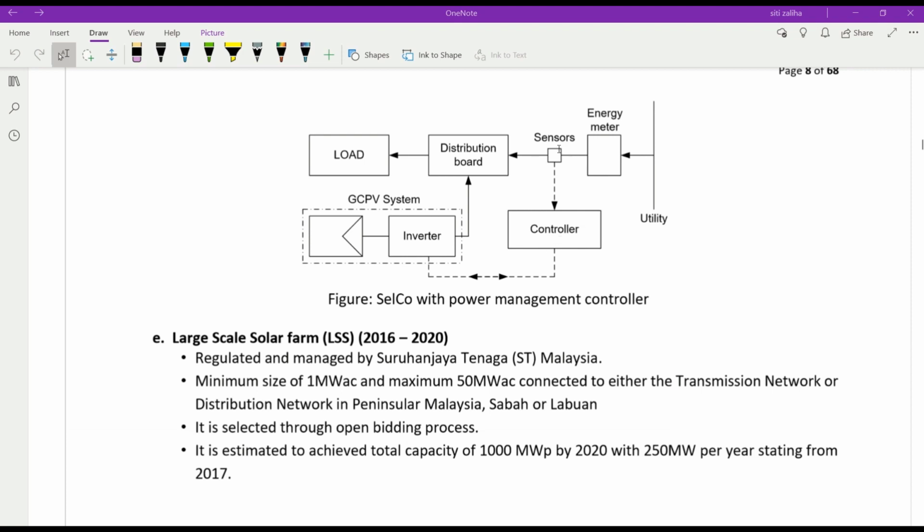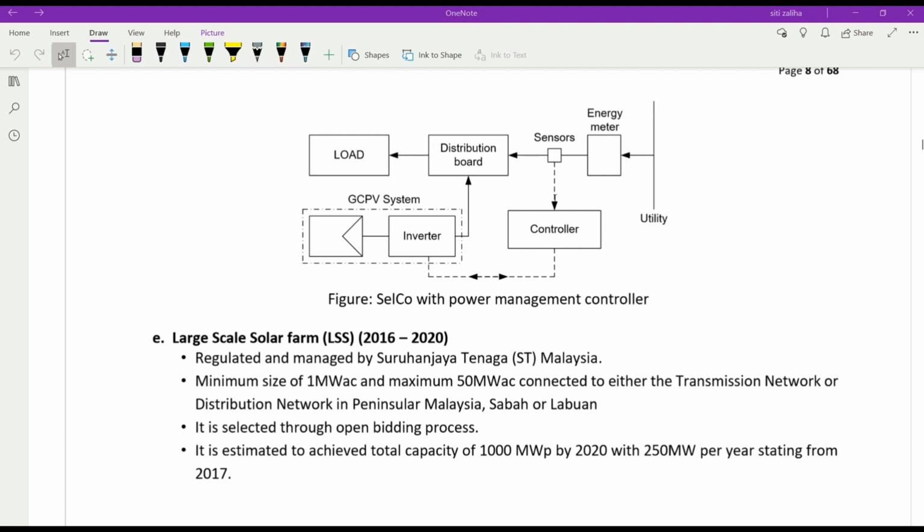Okay. So the sensor goes to the controller, and then the controller will communicate with the inverter. So this inverter, the DC connected to the solar panel, and then feeds to the distribution board, and from this system goes to the load, okay, through DB board.